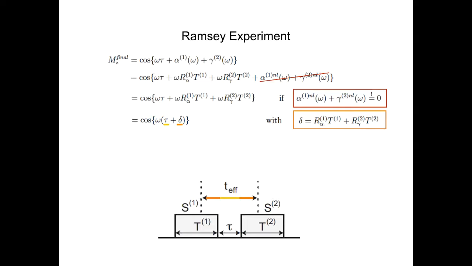We have an effective evolution period for such a pair of pulses. There's the yellow part evolution. There's actually the tau separation of the pulses. But since some of the evolution is taking place during the pulses already, that's basically this delta part, which is then there. And so I can define then this delta exactly in the overall R factor for this sequence.